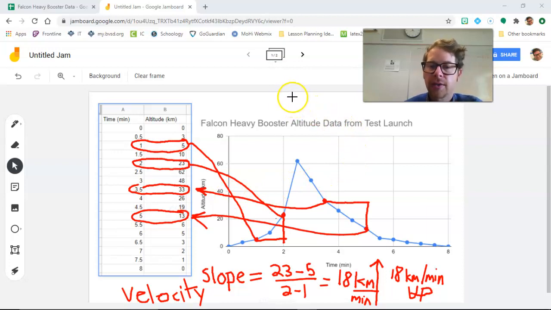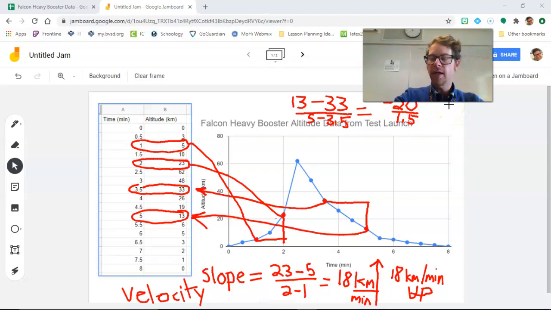Well, that was actually 13 minus 33. So we go with the final one minus the original one, and we divide the same thing with the time, 5 minus 3.5. So 13 minus 33 is actually minus 20. And 5 minus 3.5 is 1.5.